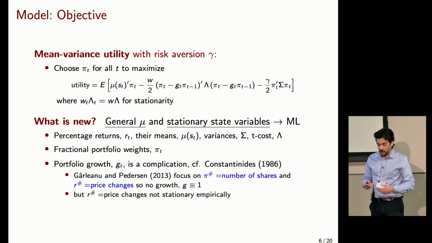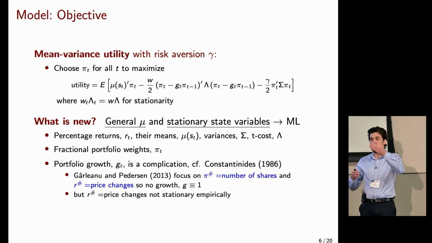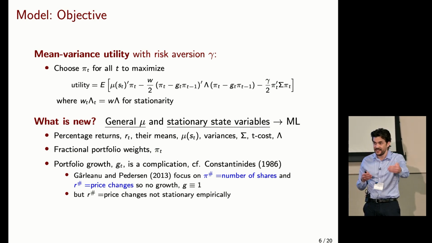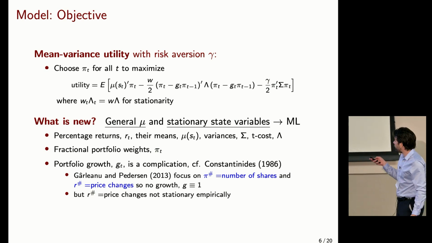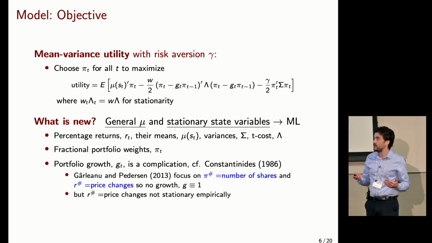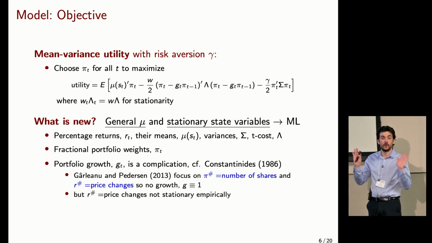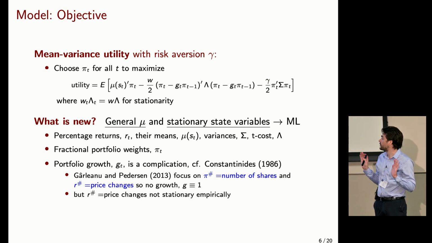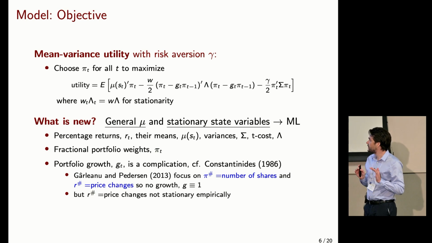And the reason is that the number of shares that you bought last period will be exactly the same number of shares that you inherit this period. So it won't be affected by the returns on the underlying stocks. And as a result, by focusing on the number of shares, you can assume that this G is 1, so it gets canceled.